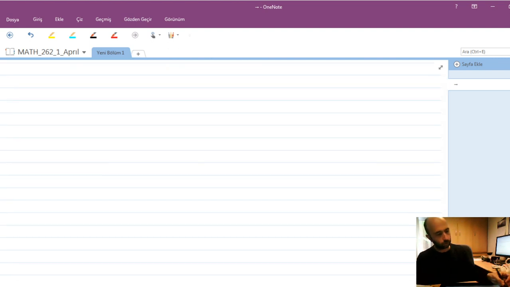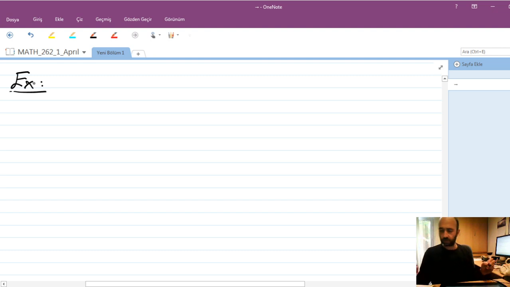Okay, so there are many nice examples of this. Let me do a basic one just for demonstration. Prove that the following inequality holds.